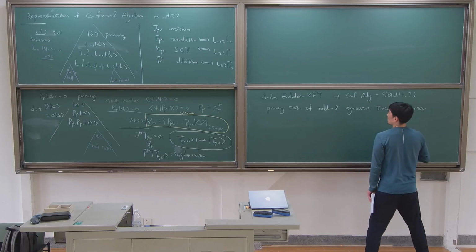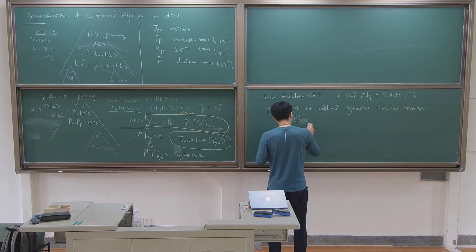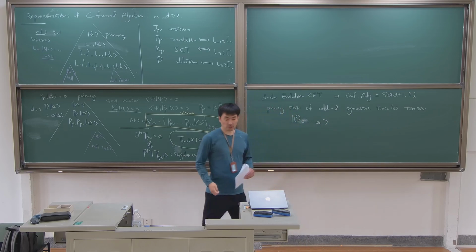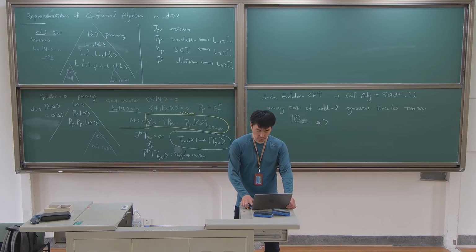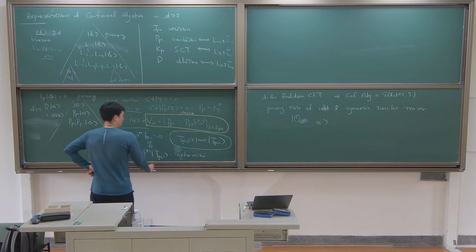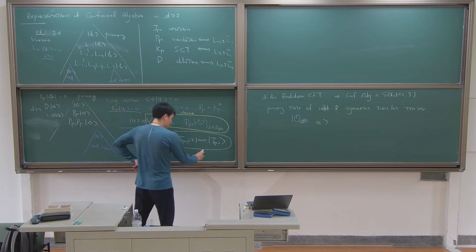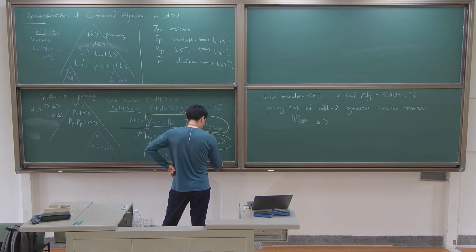I call this one O, with my notation sigma 1 to sigma L. So this is the primary state with an L-index symmetric traceless tensor. For instance, T mu is the rank two symmetric traceless tensor.